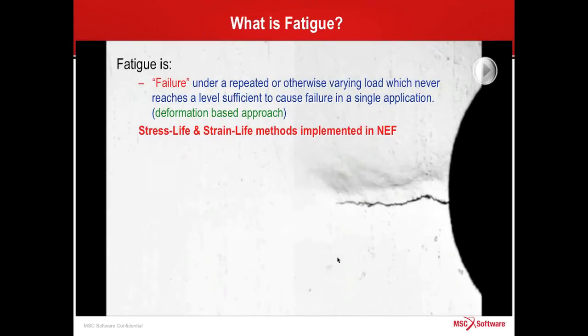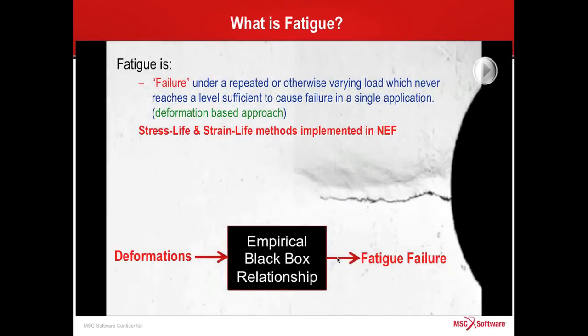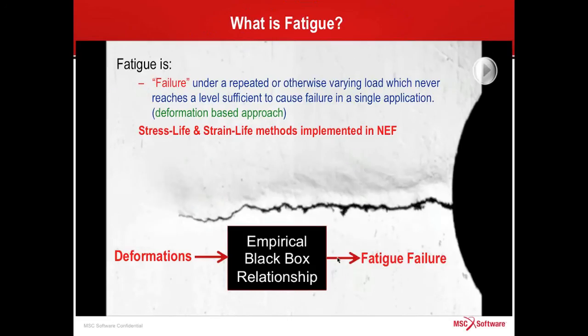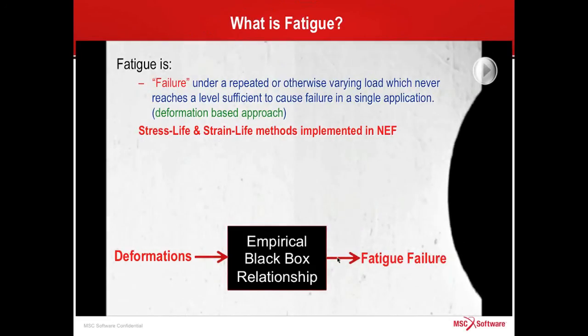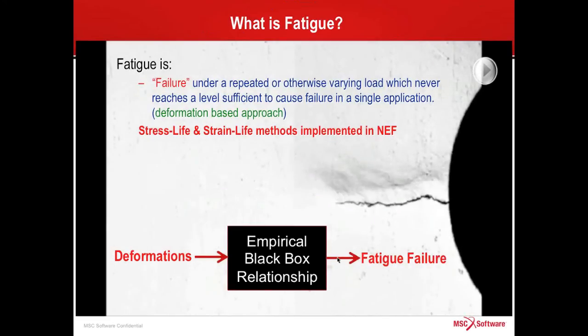So in fact, we're treating the process of fatigue analysis as a kind of black box. We're taking deformations from whatever source we're able to get them, stresses or strains, and we're using those to estimate or predict something about the fatigue life or the fatigue damage that's going to occur on a structure.